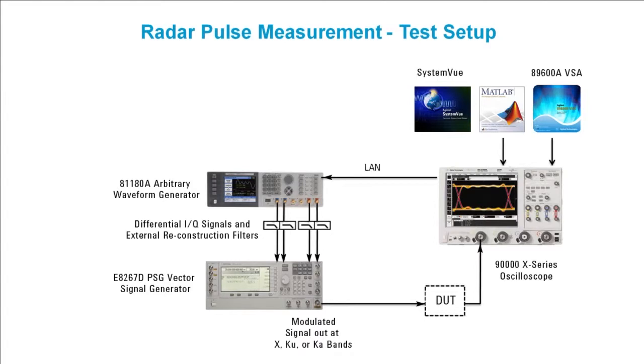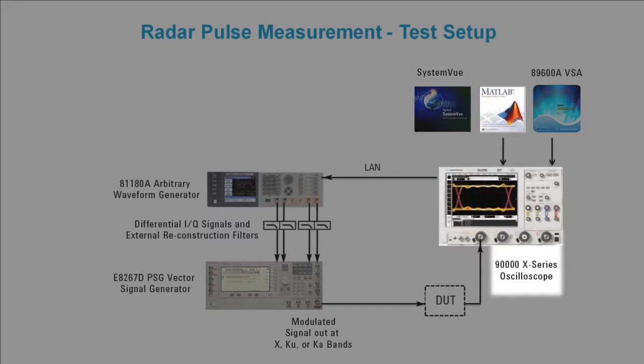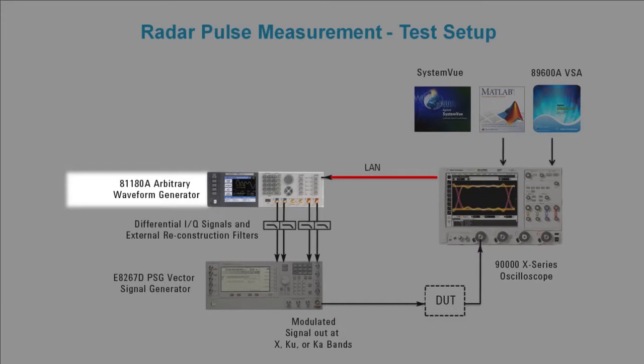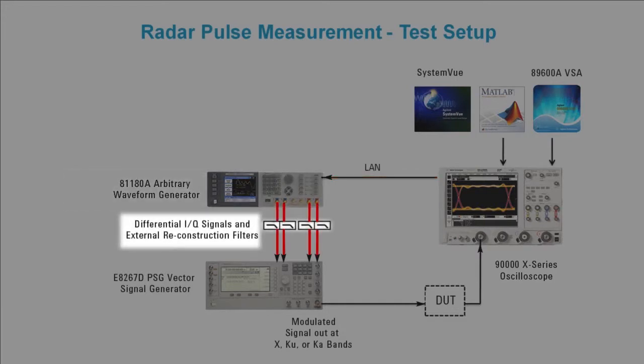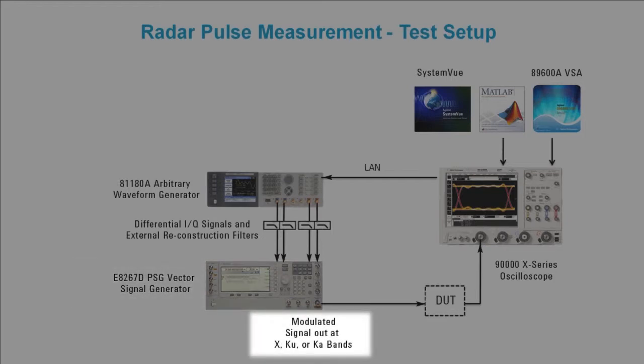First, we start with waveform creation software, such as Agilent SystemVue, or in this case, MATLAB running on the Infiniium 90000X series oscilloscope, which is used to create and download the radar waveform to the 81180A wideband arbitrary waveform generator. The differential IQ signals are modulated by the E8267D PSG vector signal generator to output an X, Ku, or Ka band signal.